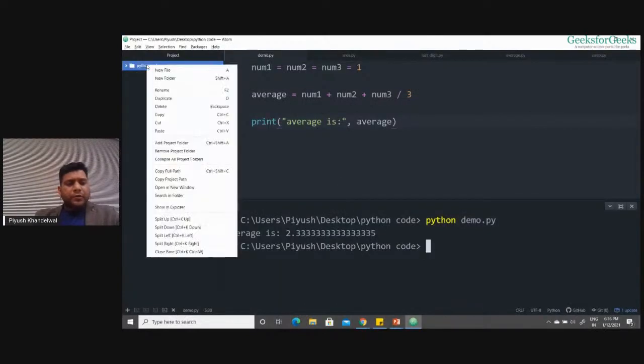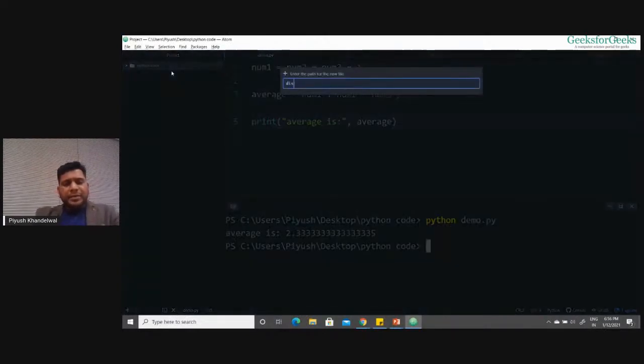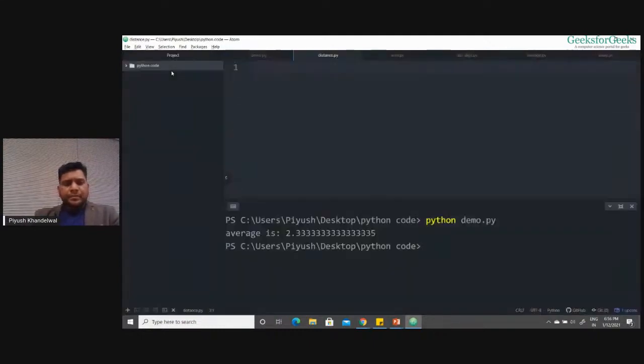Let me create a new file over here. Name is, suppose, distance.py. I'll start writing the comments. First, I will prompt the user to enter first point coordinates. Then I'll ask the user to enter second point coordinates.